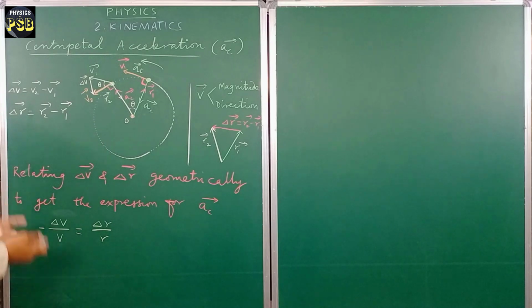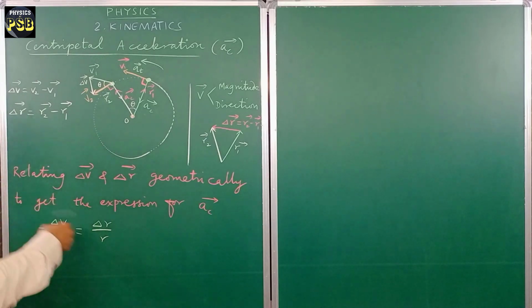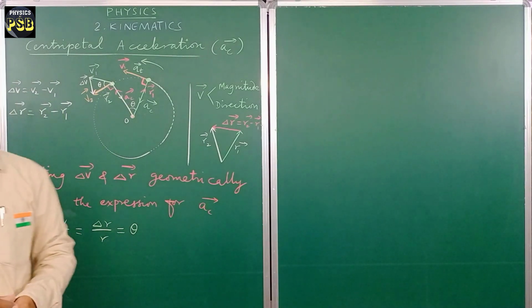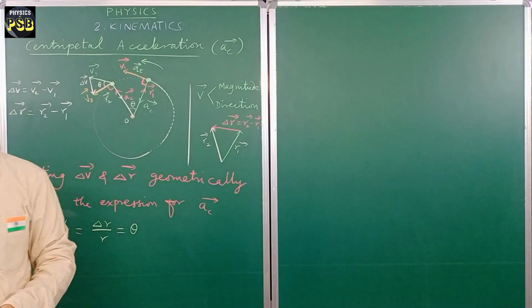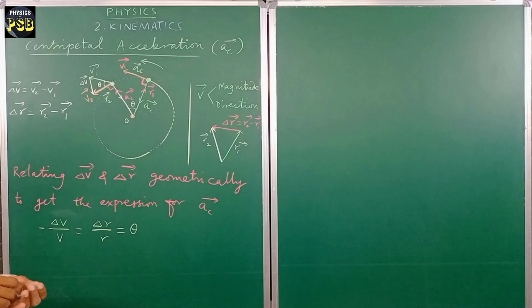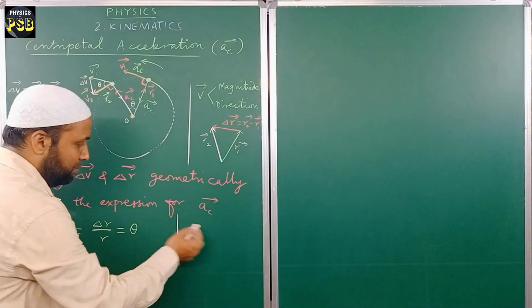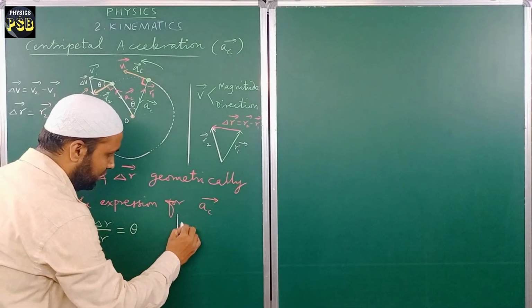Now what is this ratio? This ratio is nothing but theta, and here theta is the angular displacement. I think you remember this. I explained this in the previous video. What is that?